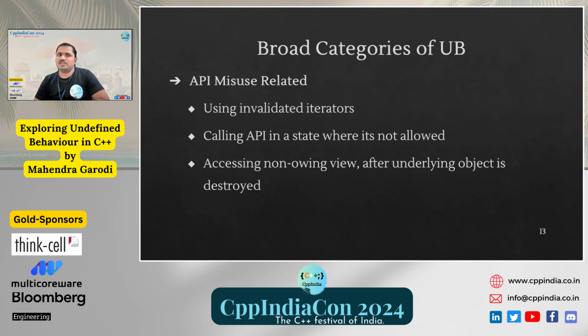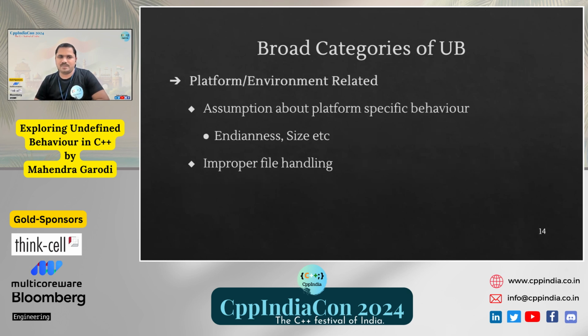Or you're trying to cast std::any to a type which is not the exact type. Or accessing a non-owning view after the underlying object is destroyed. For example, a std::string_view whose underlying std::string got deleted and you're still trying to do some operation. Now it is not in that state. So that is the API misuse related category.